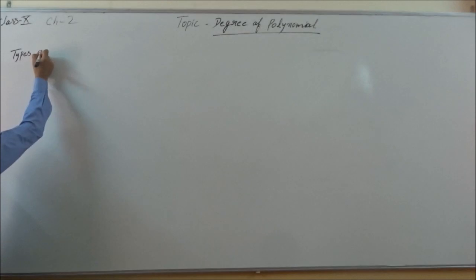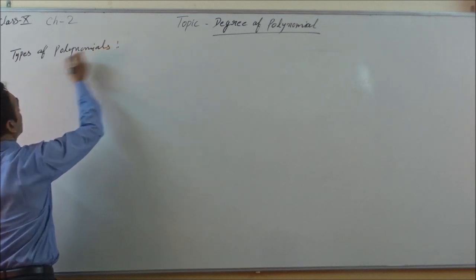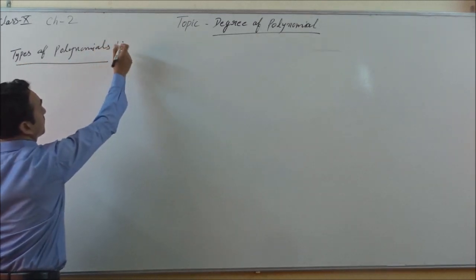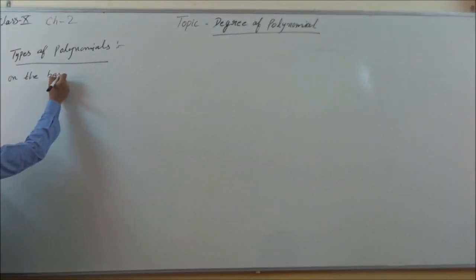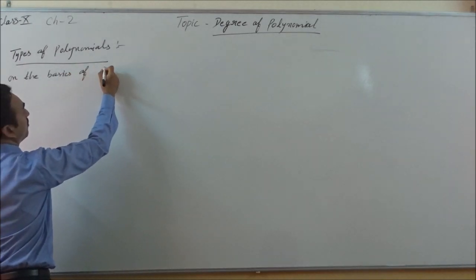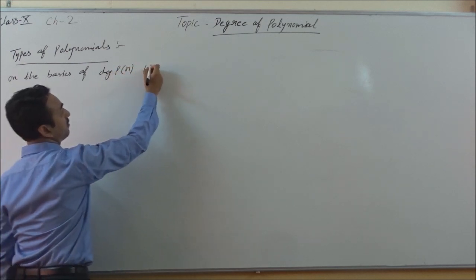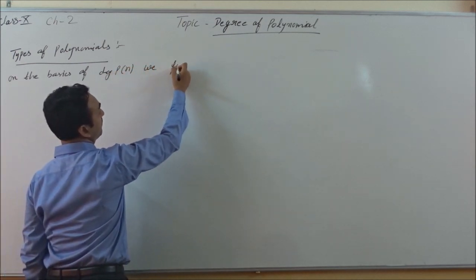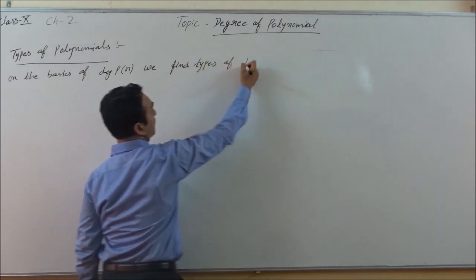Types of polynomials. On the basis of the degree of a polynomial, we find the types of polynomials.